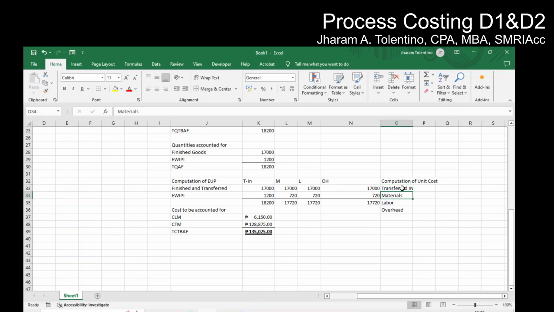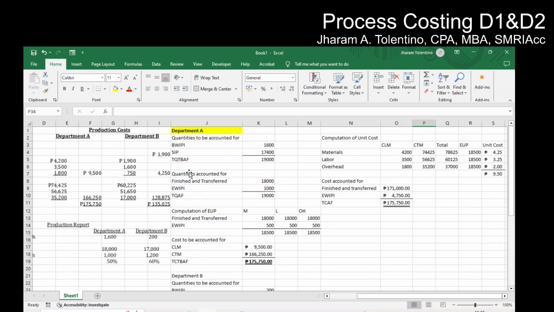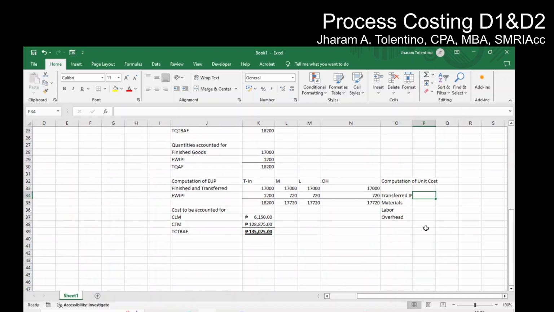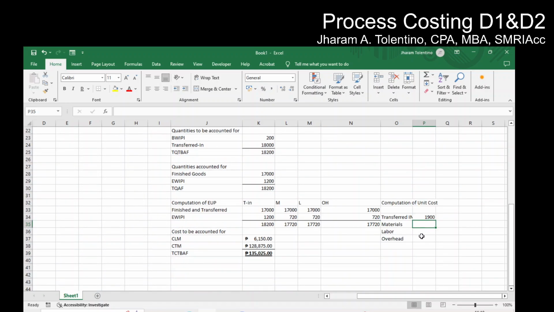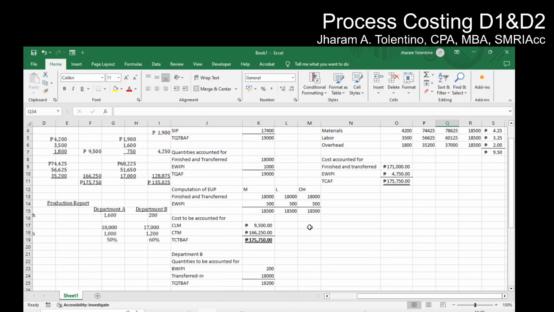Okay, so transferred in cost. That's next. So we have cost last month, 1,900. Then, 1,916,750. Cost this month, we have, yes, what you got, this is the 171,000.